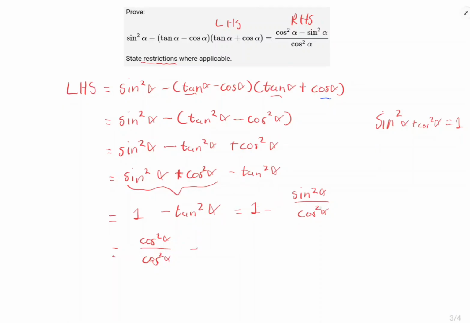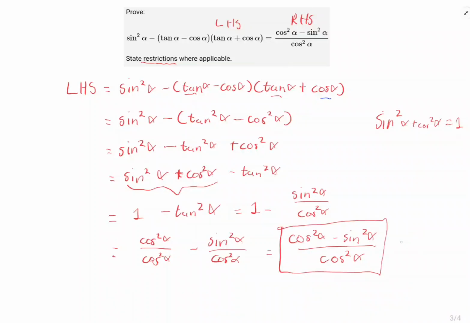We just want to make sure that both have cos squared angle at the denominator: cos squared angle over cos squared angle minus sine squared angle over cos squared angle, which is going to be cos squared angle minus sine squared angle over cos squared angle once you combine everything. And so we can see that this does indeed look like the right hand side. You always want to conclude by saying it's equal to the right hand side. So we have proved that indeed they are equal.